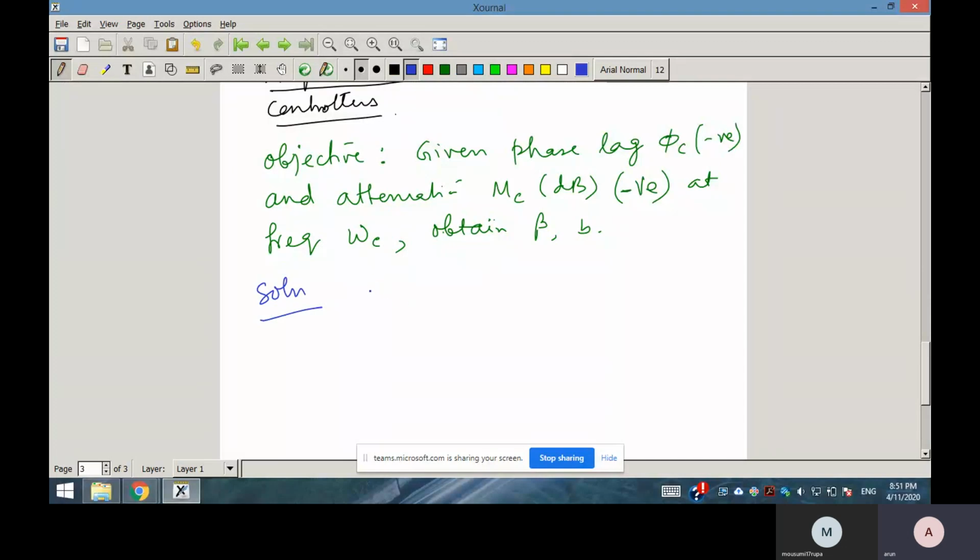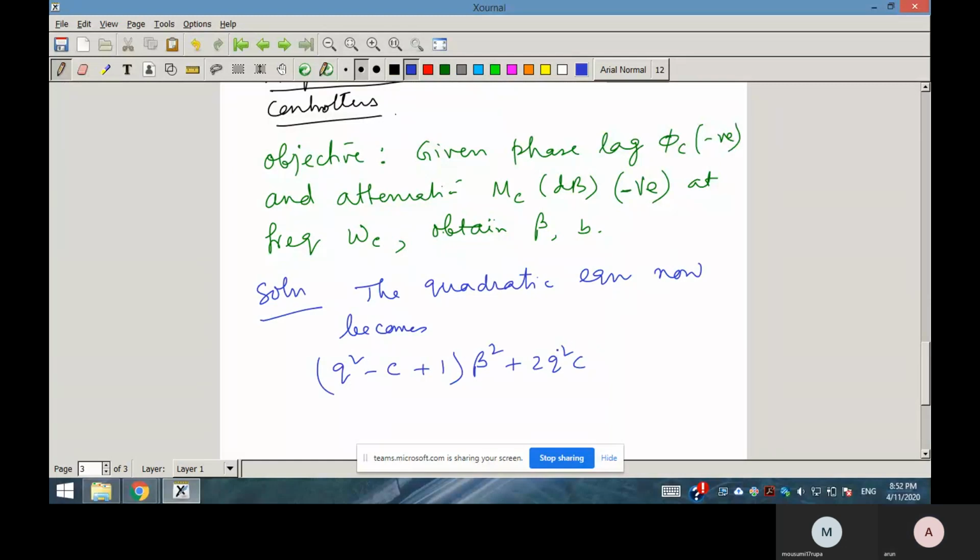The quadratic equation, as we obtained in equation 5 in case of lead controller, now becomes: Q square minus C plus 1 into beta square plus 2 Q square C into beta plus C into Q square C plus C minus 1 equals 0.